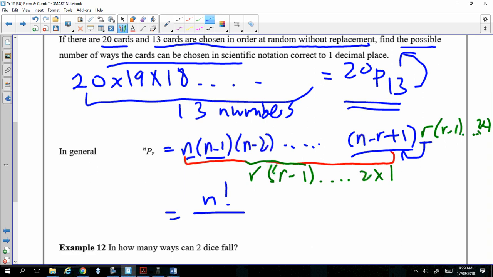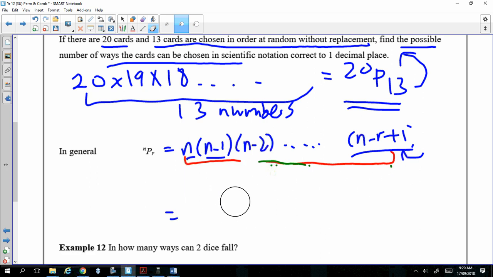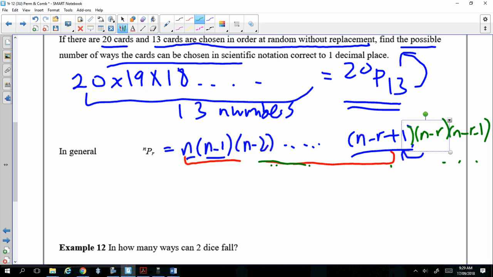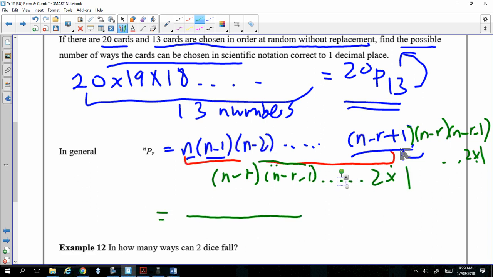I think I made a mistake, it's not r. Sorry about that. You have to multiply by n minus r, then n minus r minus 1, and so on, up to 2 times 1, which is exactly n minus r factorial, and then n factorial on the top. So that's the formula for nPr.